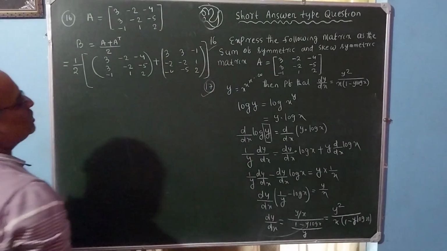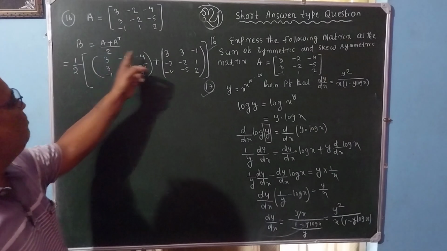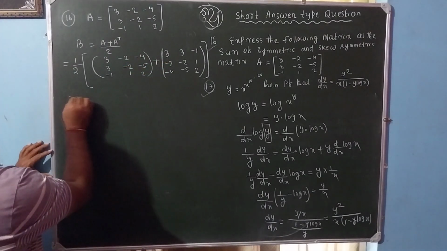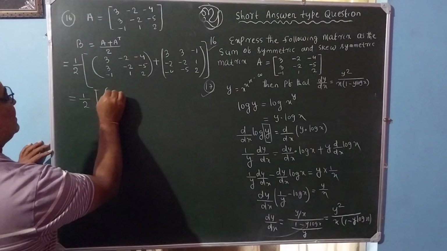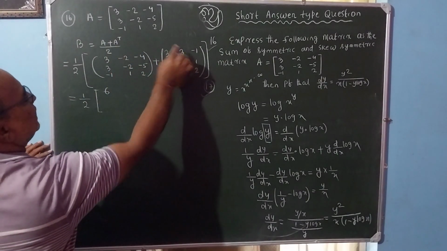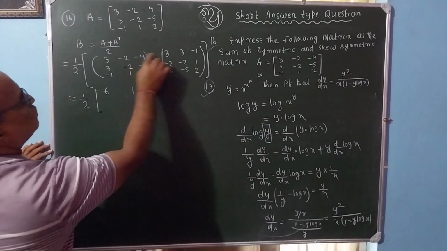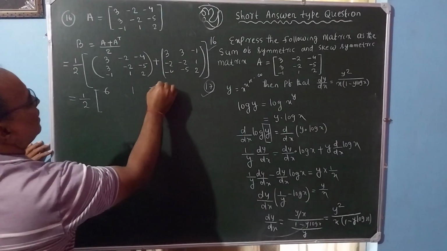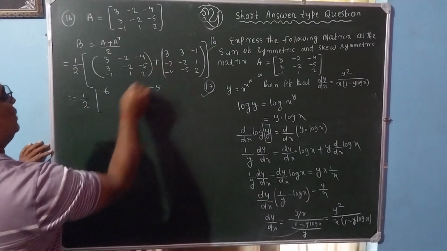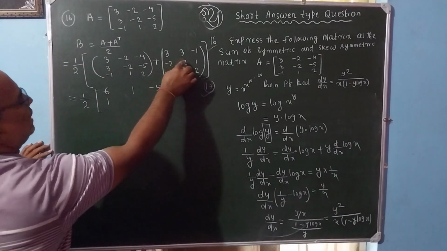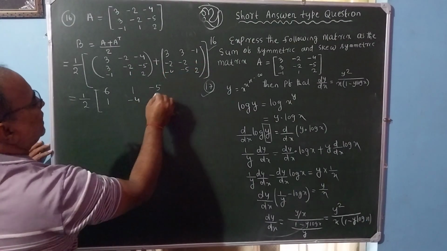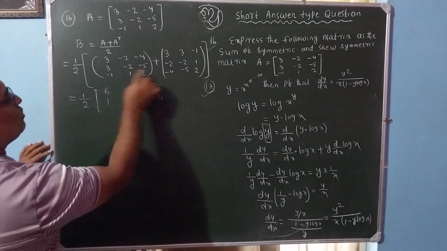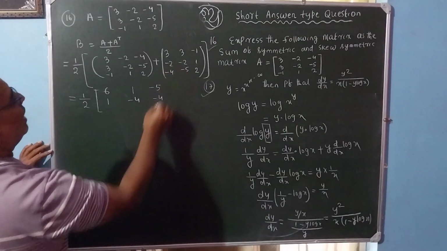Now we have to add. Here it is 1 by 2: 3 plus 3 is 6, minus 2 plus 3 is 1, minus 4 minus 1 is minus 5. 3 minus 2 is 1, minus 2 minus 2 is minus 4, minus 5 plus 1 is minus 4.